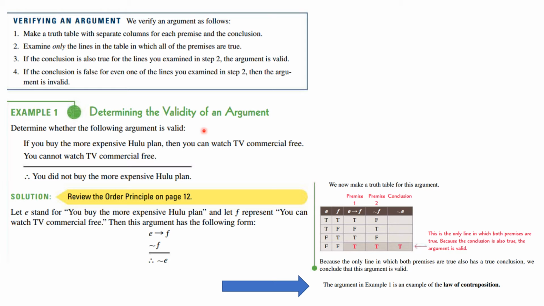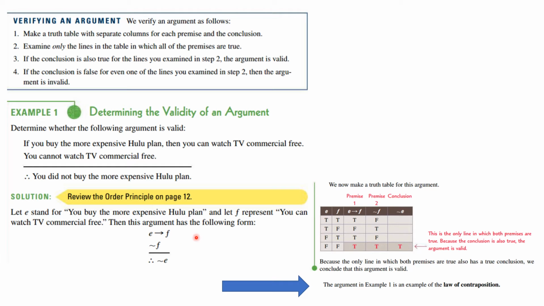If you buy the more expensive Hula plan, then you can watch TV commercial free. You cannot watch commercial free. Therefore, you did not buy the more expensive Hula plan. We're going to let E stand for the more expensive Hula plan, and F represent you can watch TV commercial free.